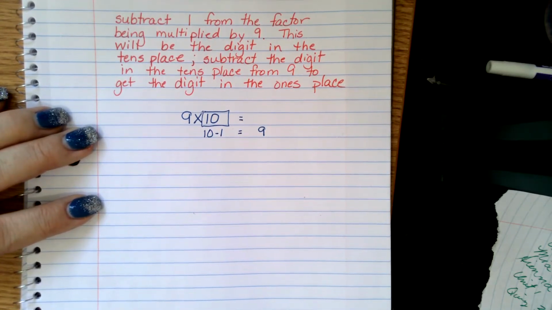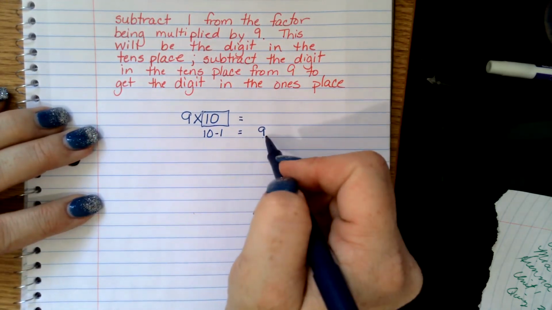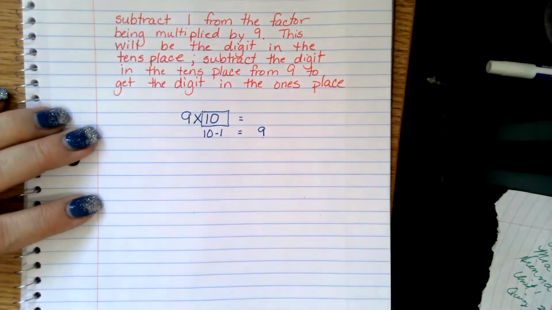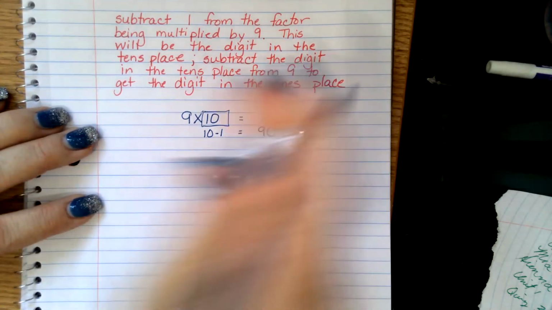Now, to find out what number goes in the ones place, you need to subtract this number, the number in the tens place, from 9 itself. 9 minus 9 is 0.